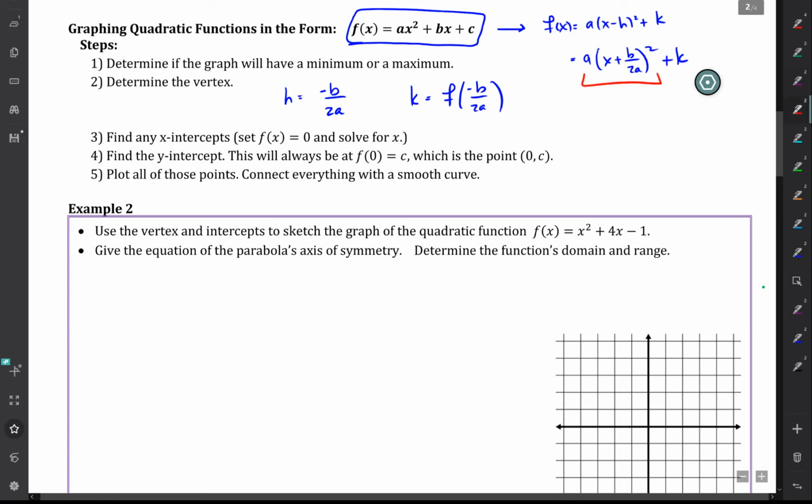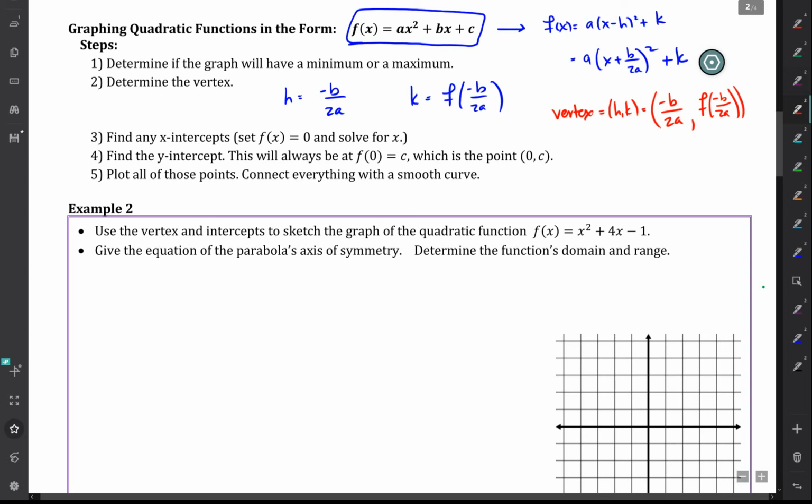So that will be 0 when x equals negative b over 2a. So you plug that in, and this evaluates to 0. That's what I'm saying. So that gives us just k. We're just left with f of x equal to k. All right, so let me say this again. The vertex (h, k) is always negative b over 2a and f of negative b over 2a.